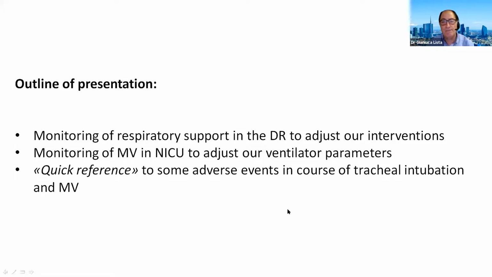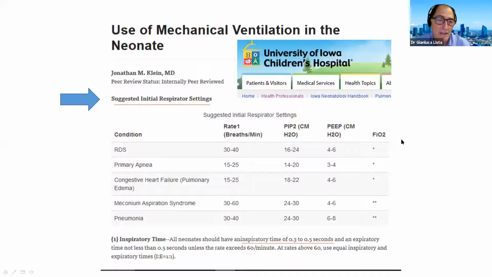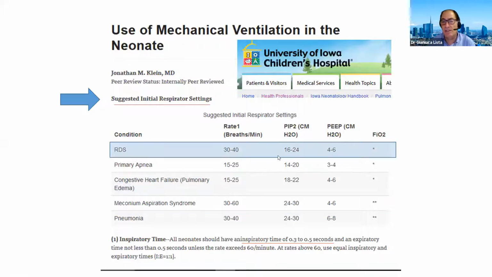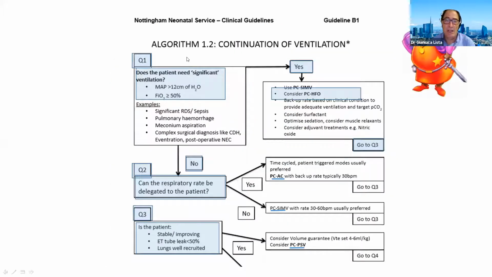I think that you and me and all the participants in their NICUs have this modality to guide their mechanical ventilation with some suggested initial respiratory settings, for example, for the RDS, with initial respiratory rate, the initial inspiratory time, and peak inflation pressure and level of PEEP, and then a specific algorithm to guide the mechanical ventilation in their NICU.